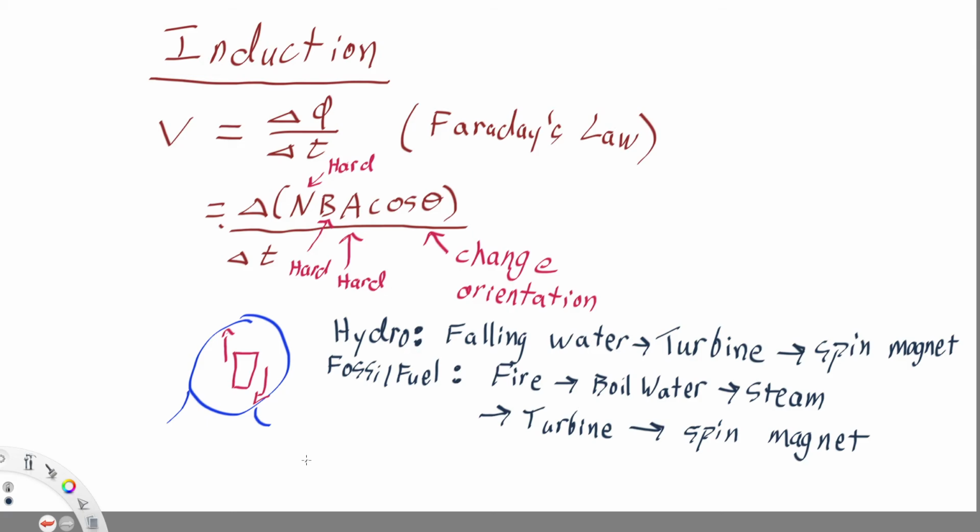If we have nuclear power, we split a radioactive atom. Neutrons fly everywhere.